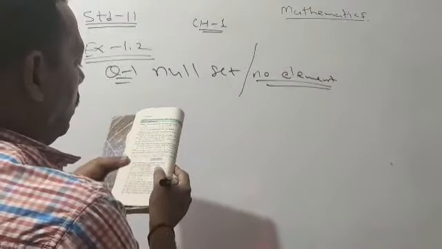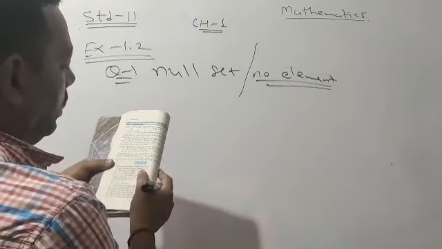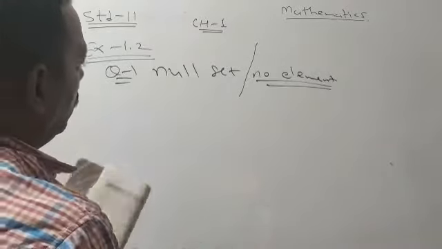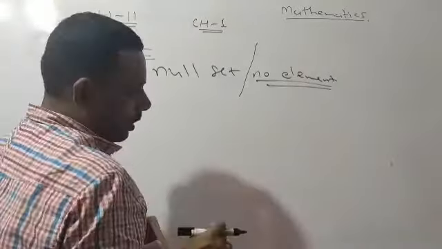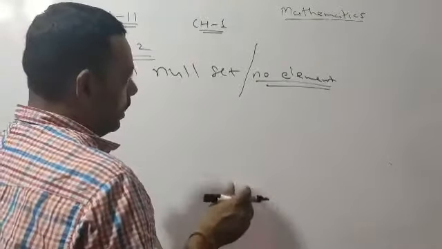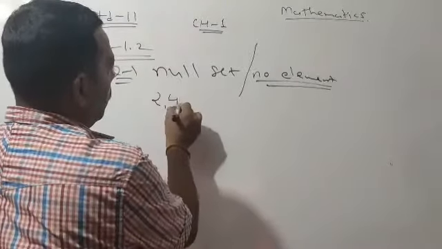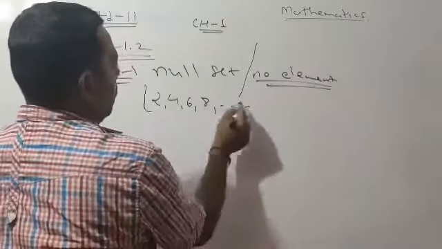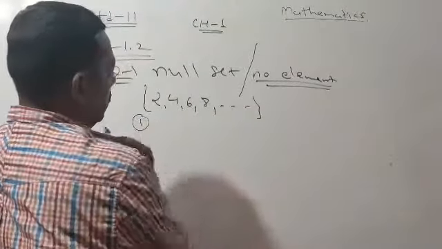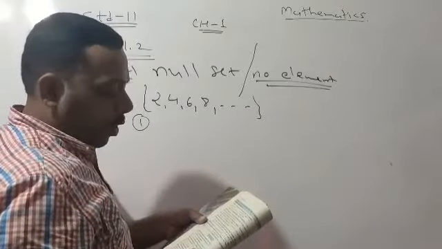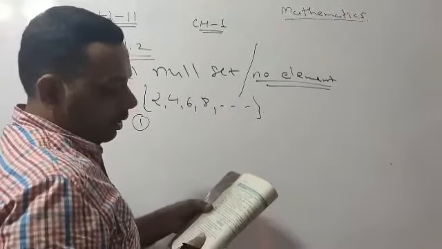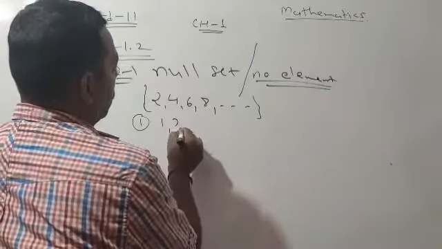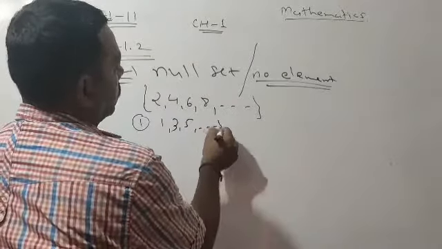Set of odd natural numbers divisible by 2. We know that if a number is divisible by 2, then it must be a multiple of 2. Right? Here my question is set of odd natural numbers which are divisible by 2. Odd means 1, 3, 5 and so on.